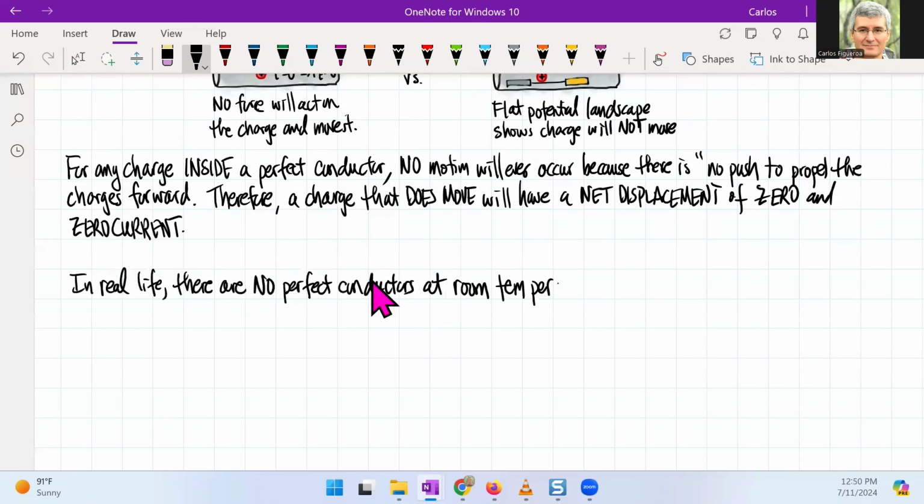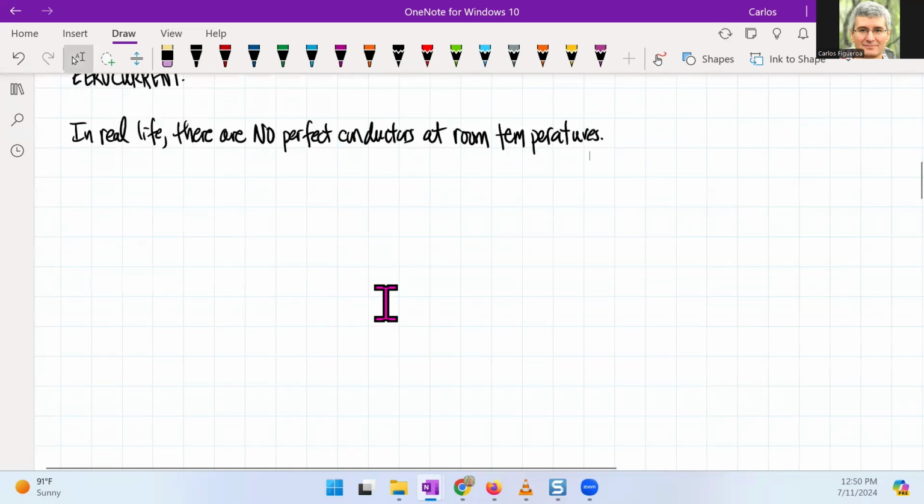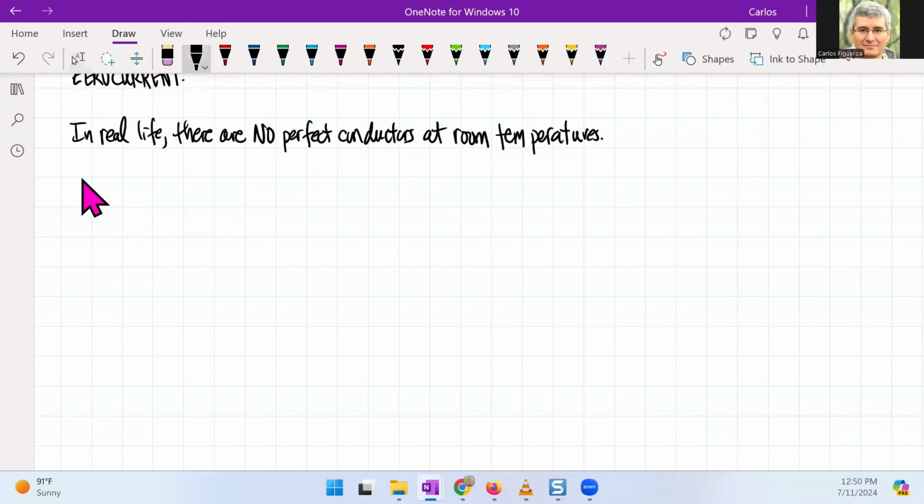And the reason why room temperatures are important, you can have high temperature superconductors, but we're not interested in that. We're talking about regular circuits that you have in your cell phone or wherever. So they don't exist for our purposes. So now let's talk about inside a real conductor.